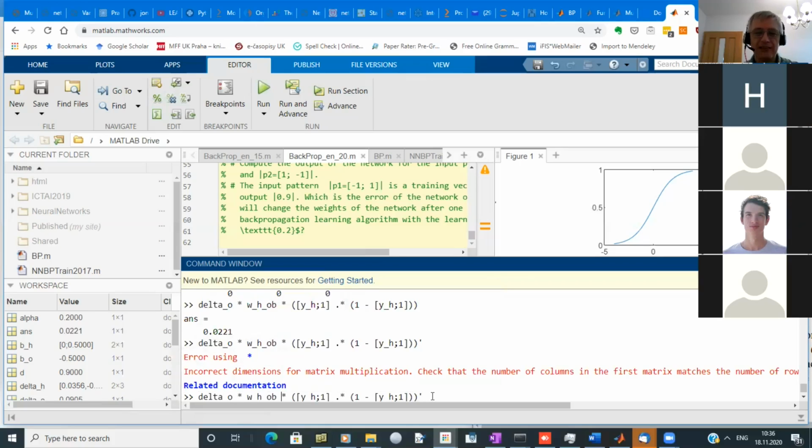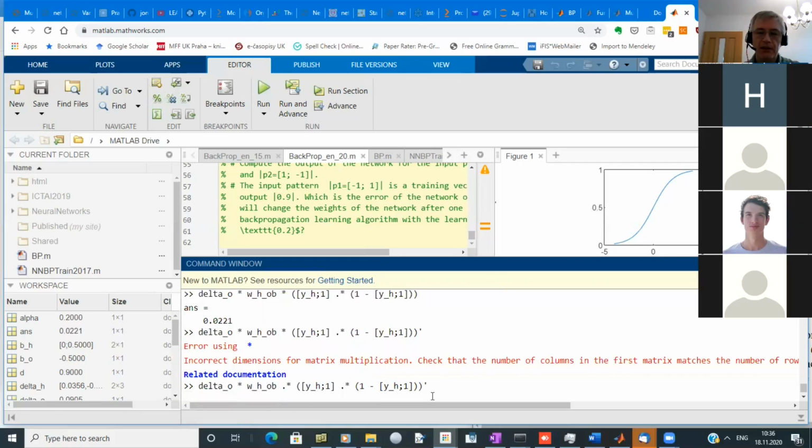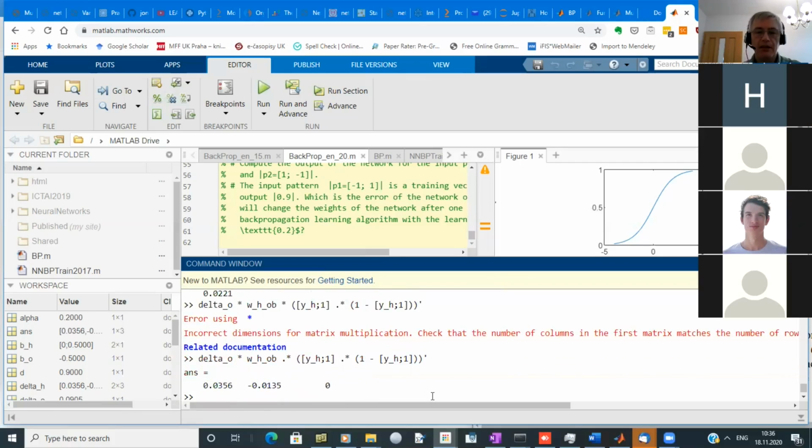So as I said, between the left and right part, only corresponding elements must be multiplied. And now we have the delta terms.